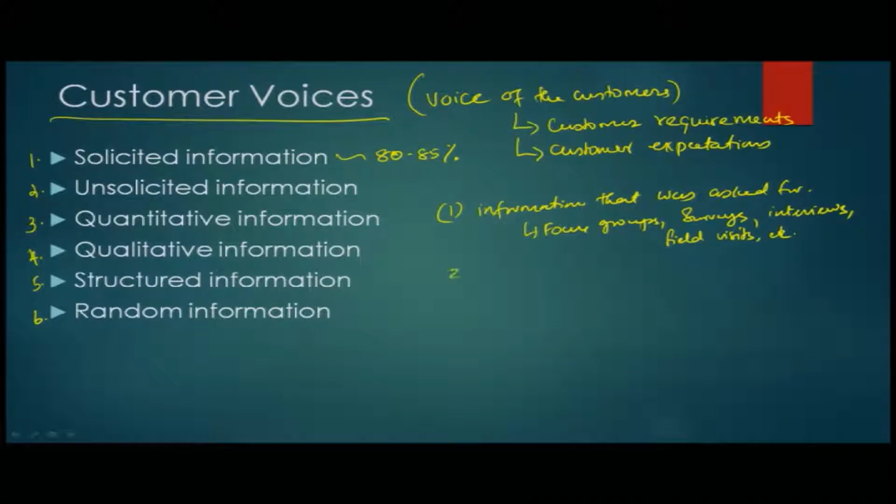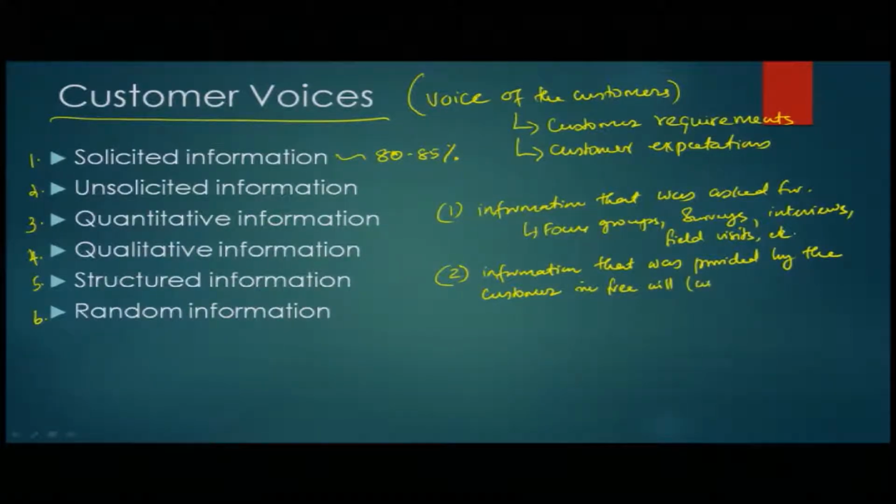And number 2, what we call unsolicited information. This is information that was provided by the customer of free will, okay, without being asked for.